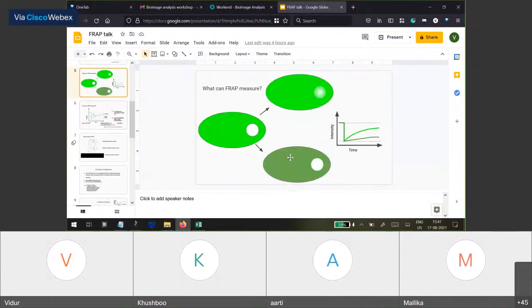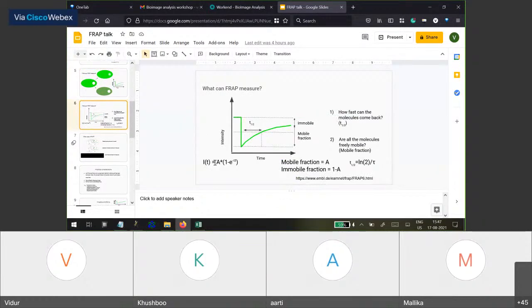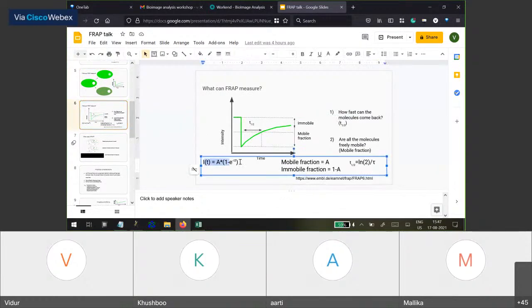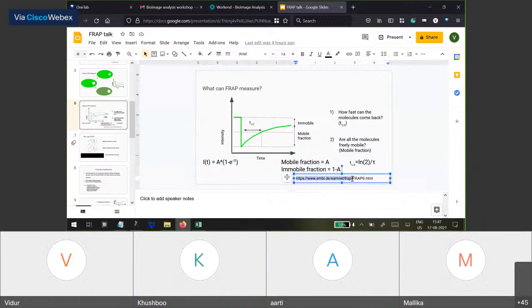I had already shown you that you can have a parametric estimation of what the recovery profile looks like based on this formula, which is basically A, the mobile fraction, multiplied by 1 minus e to the power of minus tau multiplied by t. So this was the formula that we started with, which I told you that you can look at this resource to derive.